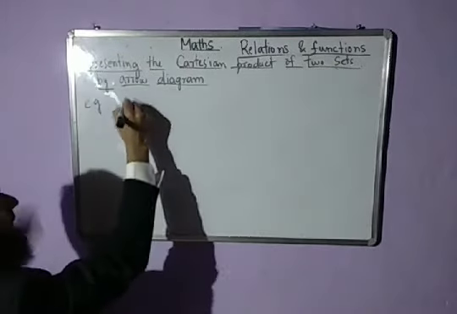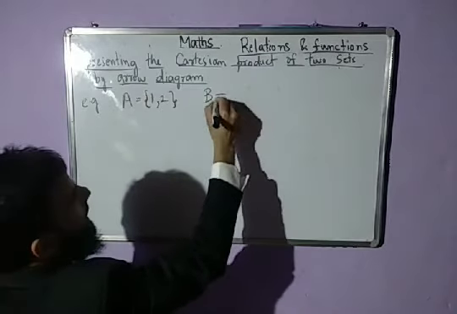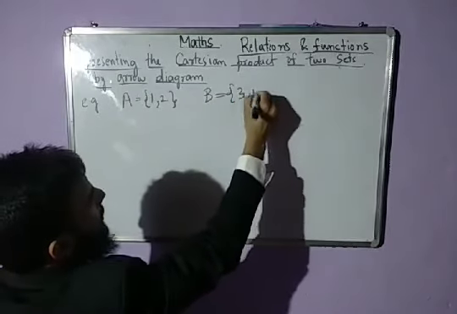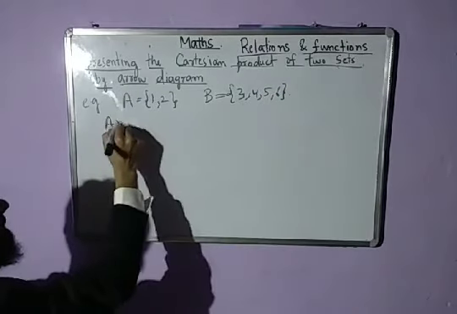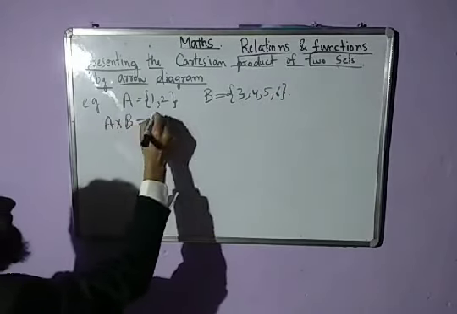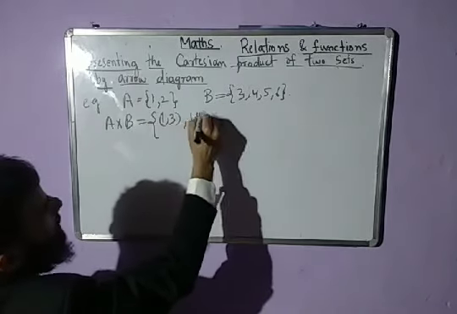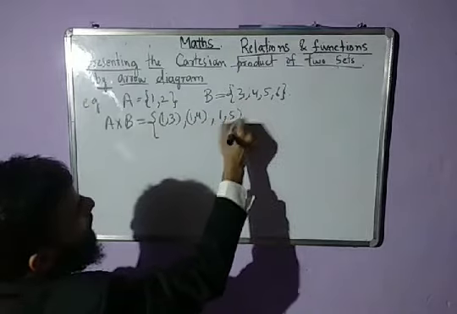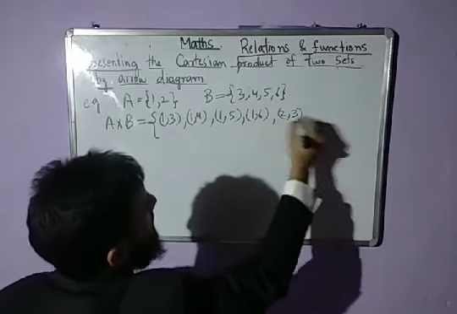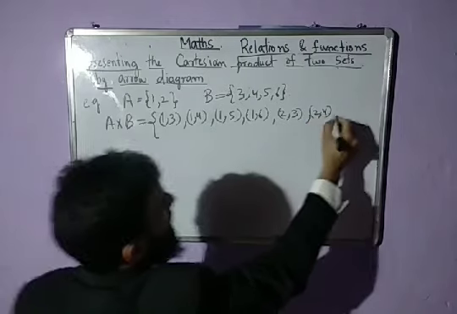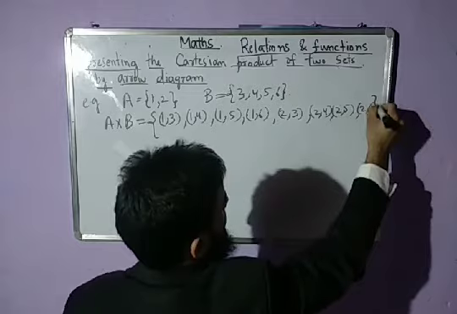Let's suppose A is our set {1, 2} and B is our set {3, 4, 5, 6}. If I calculate A cross B, it will become (1, 3), (1, 4), (1, 5), (1, 6), (2, 3), (2, 4), (2, 5), (2, 6).